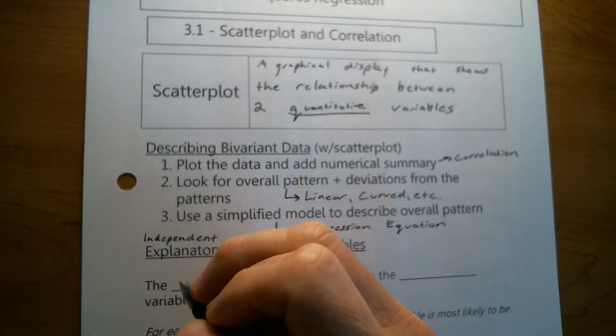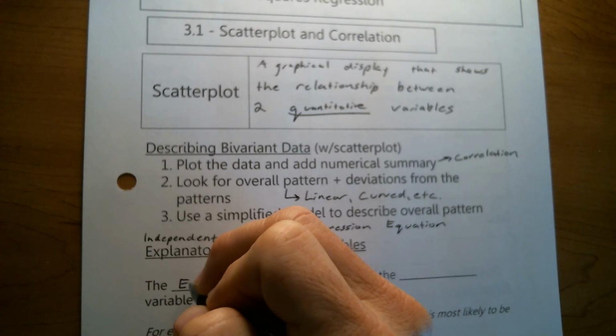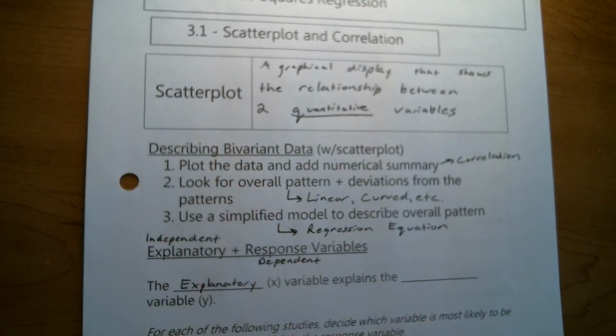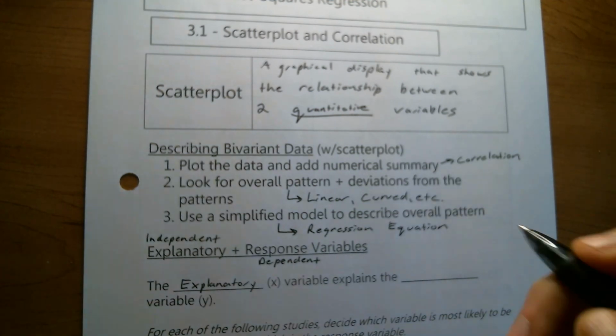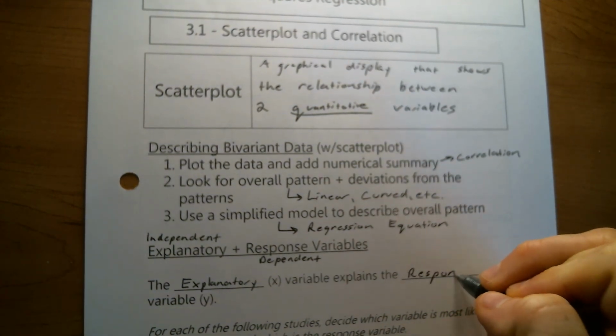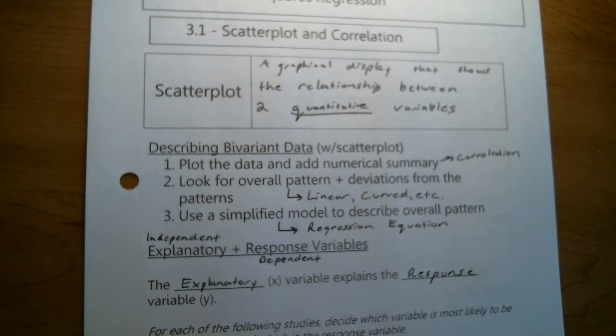The explanatory, which is your X variable, explains the response variable, which is your Y. So just keeping those straight: independent, explanatory, X all go together; response, dependent, Y all go together.